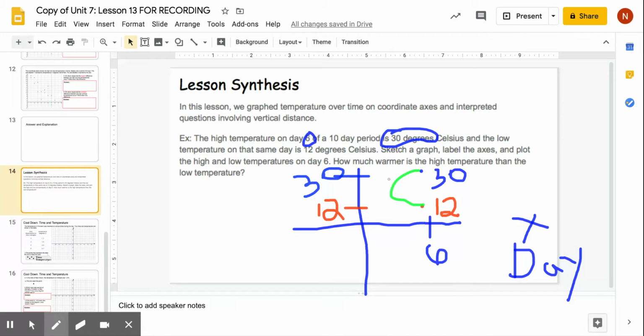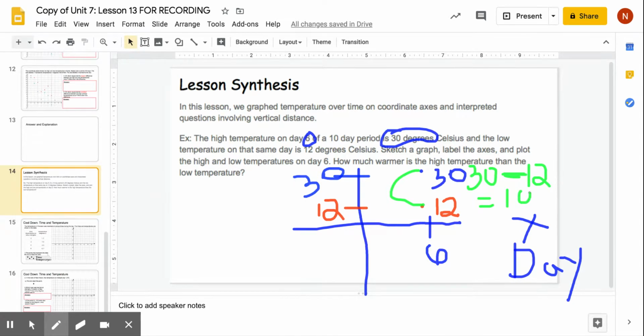And the way we did that was we used subtraction. We subtracted this 30, which is the high temperature, minus 12, the low temperature, and we get that it's 18.